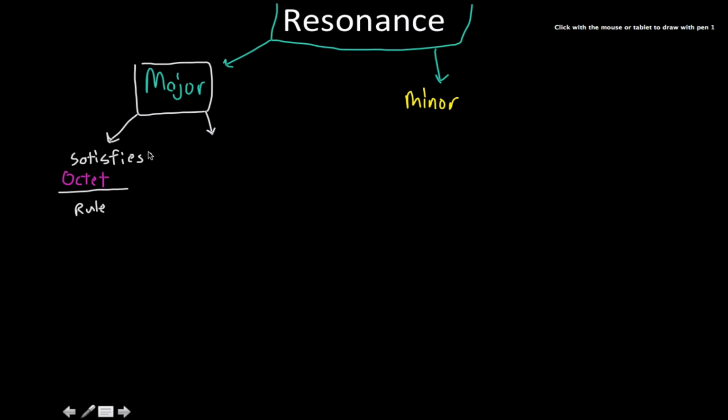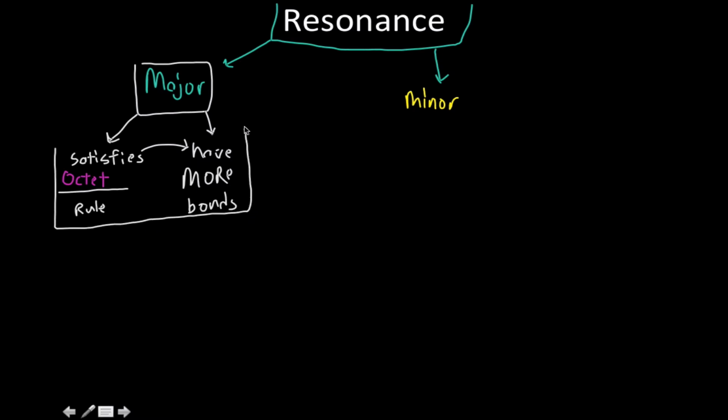And if it satisfies the octet rule, it tends to have more bonds in it. So this is what we generally use to identify the major structure for a resonance molecule.